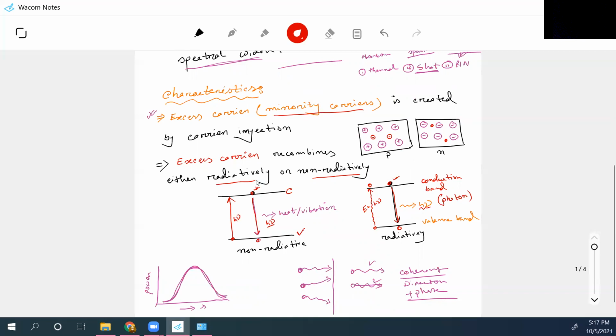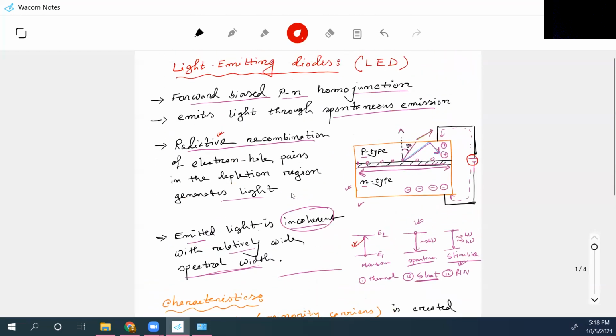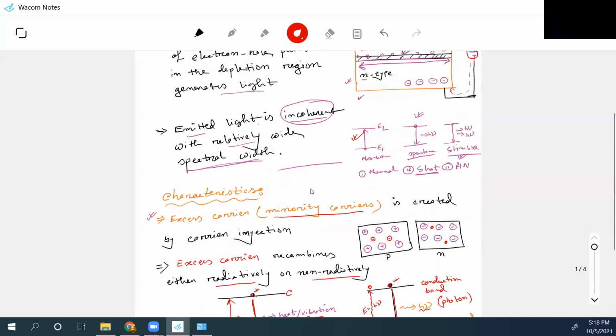When it comes back from conduction band to the valence band, it has to release this extra energy. If that extra energy is released in the form of heat or vibration, then we call it non-radiative. That is the difference between the radiative and non-radiative. This recombination can be radiative recombination or non-radiative recombination.